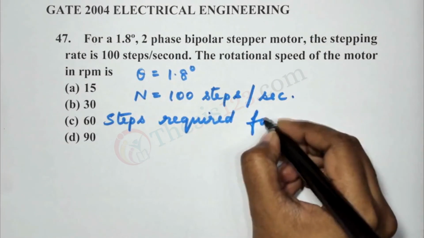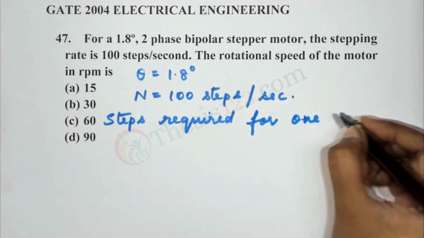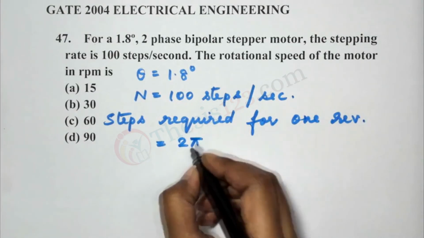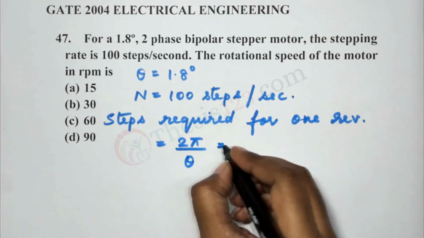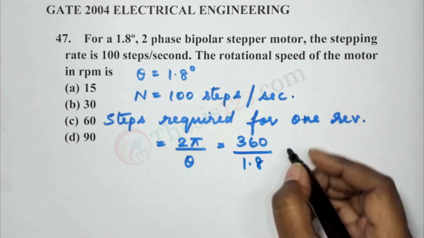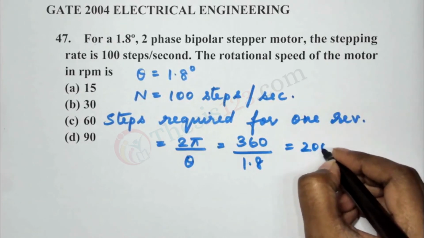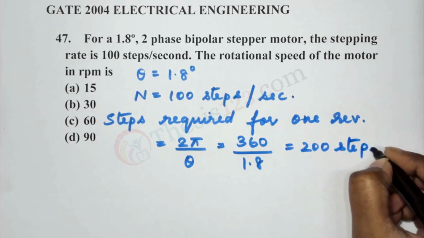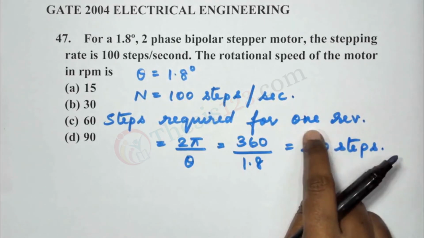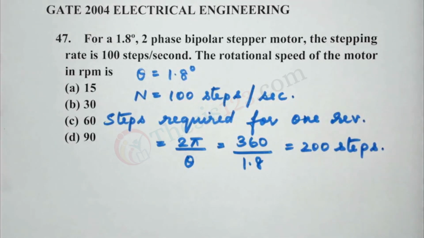That will be 360 divided by 1.8, and that gives us 200 steps. So here it is 200 steps required for one total revolution.